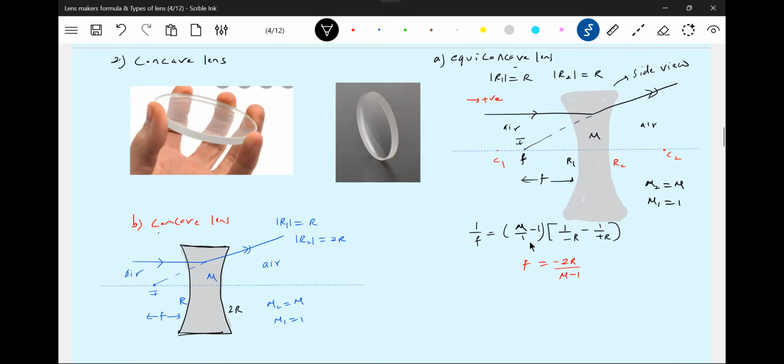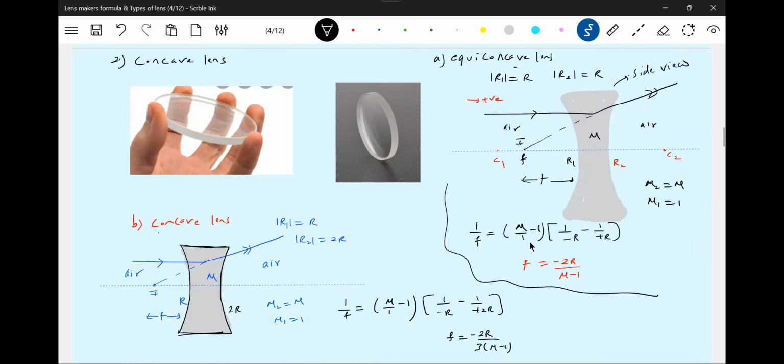Let's apply the lens maker formula. One by minus R plus 2R. So this will be f equal to minus 2R by 3 into mu minus 1. A diverging lens.